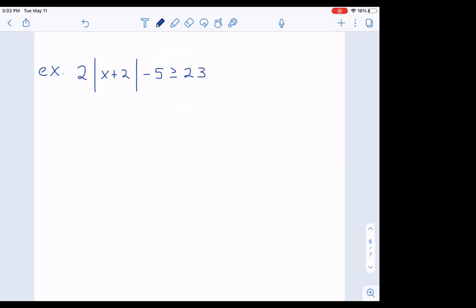First thing I'll do is add 5 to both sides. So I have 2 times the absolute value of x plus 2 is greater than or equal to 28. Now we'll divide both sides by 2. So the absolute value of x plus 2 is greater than or equal to 14.